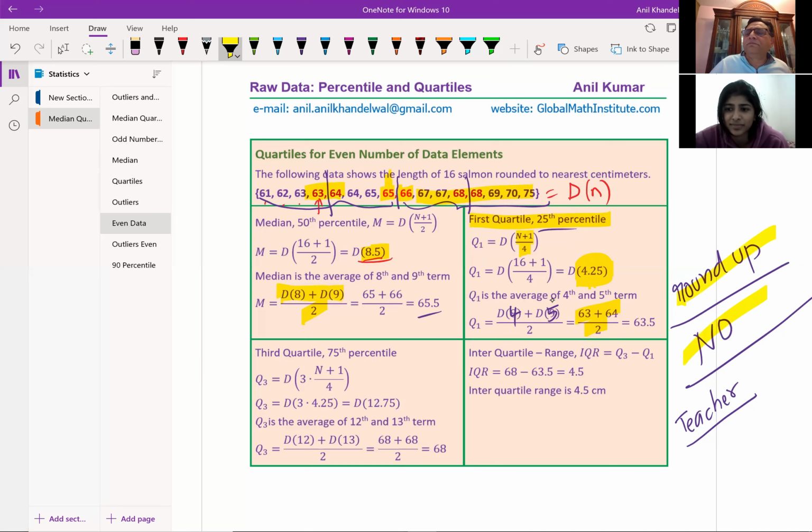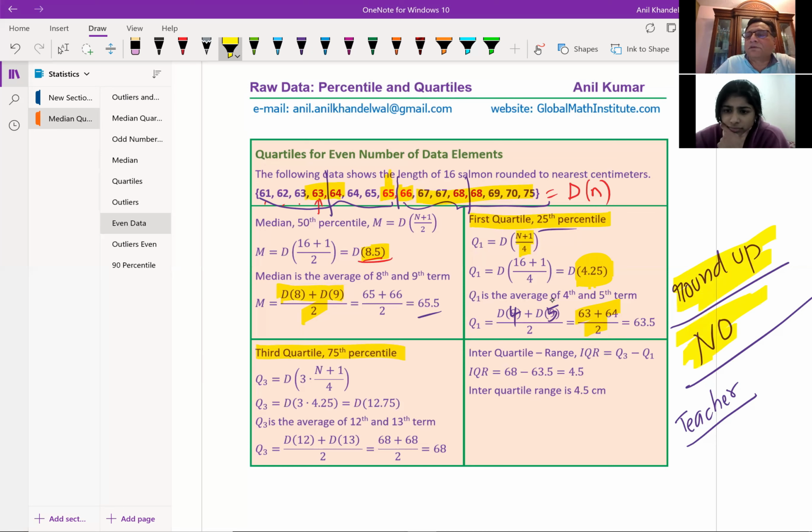It makes no sense. It's contradictory. People follow easy methods. I don't know why. They're wrong. They just want it to be easy. Now, third quartile, 75th percentile.